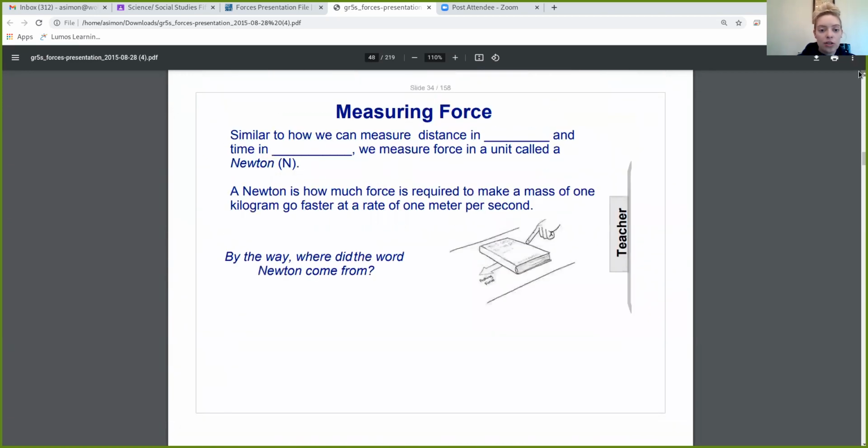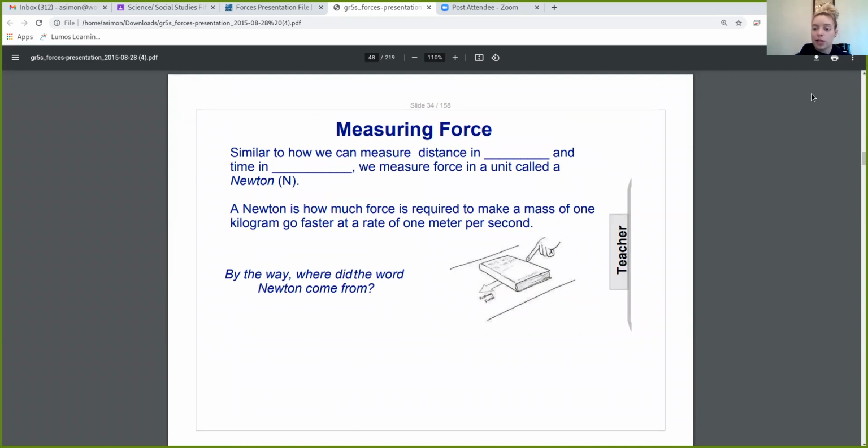Now, just like we learned last week that we can measure distance in, say, meters, and time in seconds, we can also measure force in a unit that we call newtons. So go ahead and put that down in your notes, please. Measuring force. We measure force in a unit called newton.